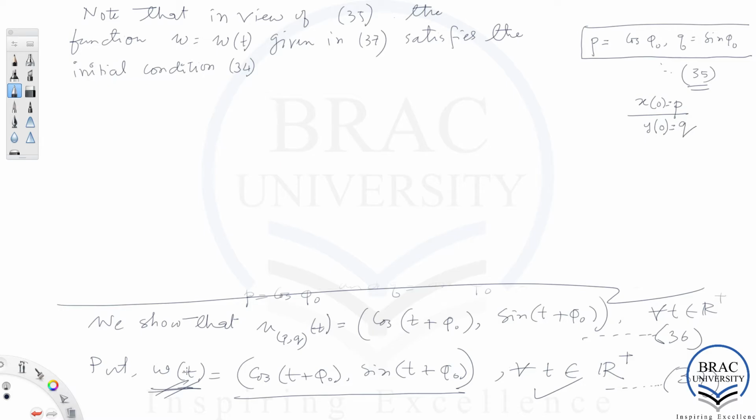Because if you plug in t to be 0 here, then you will get cosine phi 0, and cosine phi 0 by 35 is p, and you will get for the y component sine phi 0 at t equal to 0, and sine phi 0 is q, so that y at 0 is equal to q. Okay, so we are good with this time dependent vector.